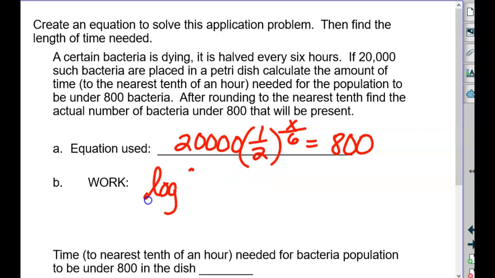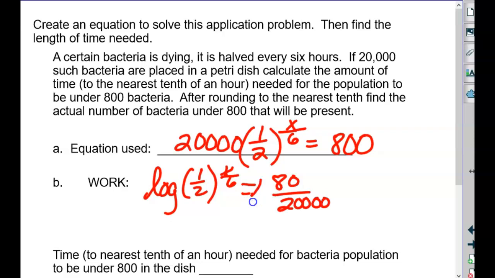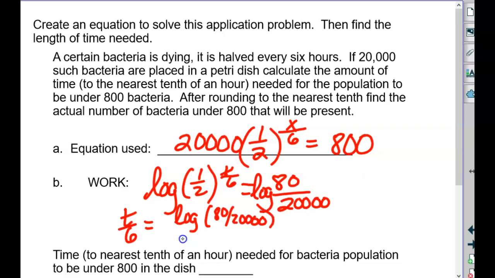So we would eventually get to this after I divided. I'm skipping steps. Everybody okay? So we have t over 6 equals the log of 80 over 20,000 divided by the log of 1/2. And then we're going to multiply by 6.